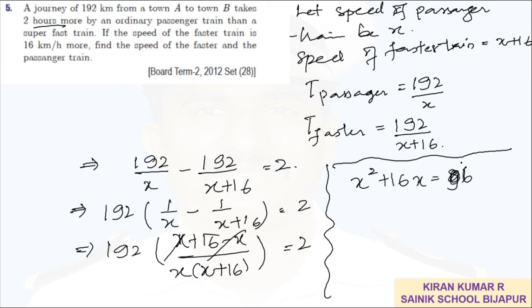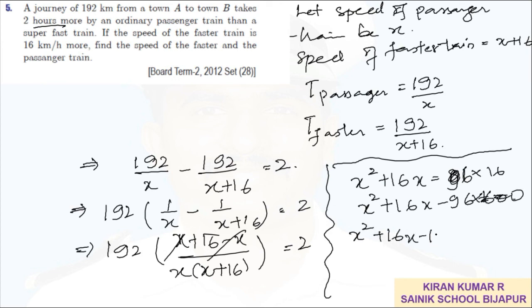What is 192 divided by 2? It is 96. So I made a mistake here. It's not 96. 16 has to be multiplied into 96. So x square plus 16x minus 1536 equal to 0.